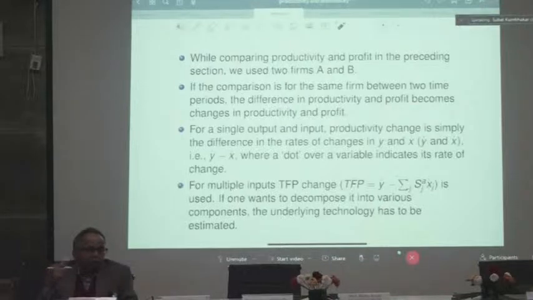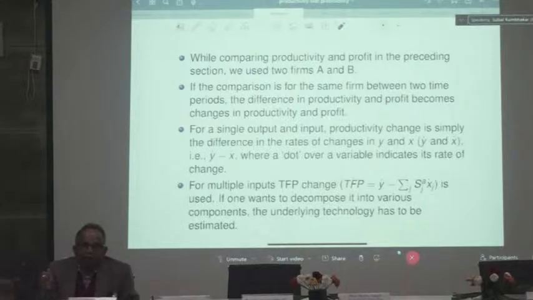So we are looking at the same firm over time. That means we want to see what is happening to productivity over time. Instead of comparing across individuals, we are now looking at the comparison over time. So it's going to be exactly the same thing.